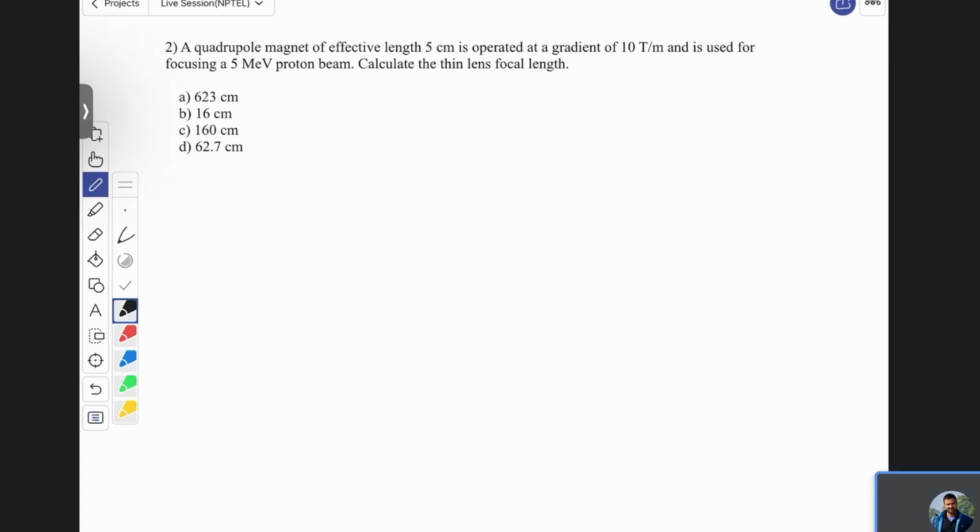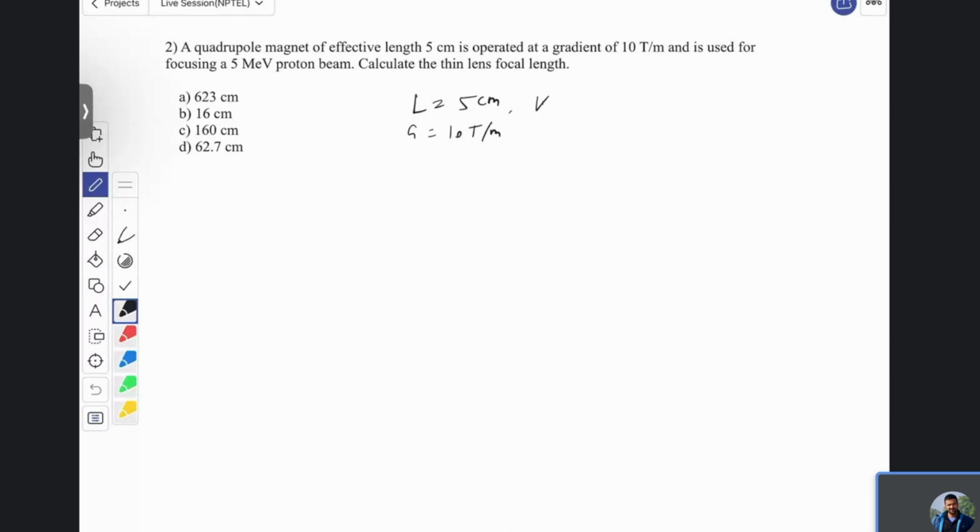So this is a little bit involved problem. Suppose the length of the quadrupole is given as 5 centimeter, and the magnetic field gradient G is given as 10 Tesla per meter.